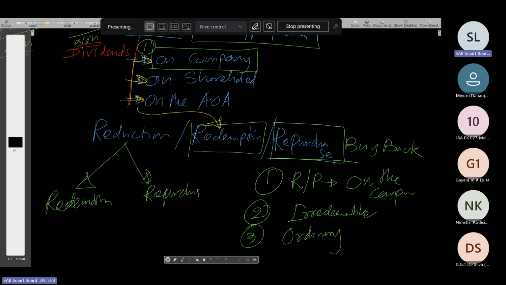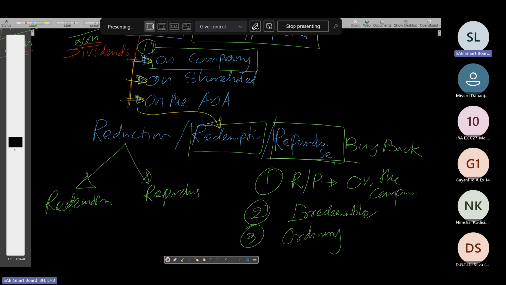That is the meaning of reduction. Reduction of stated capital is redemption of shares and repurchase of shares.